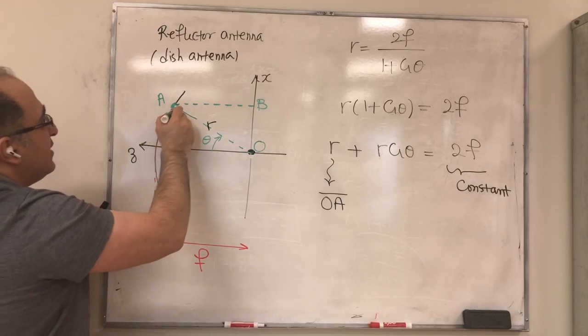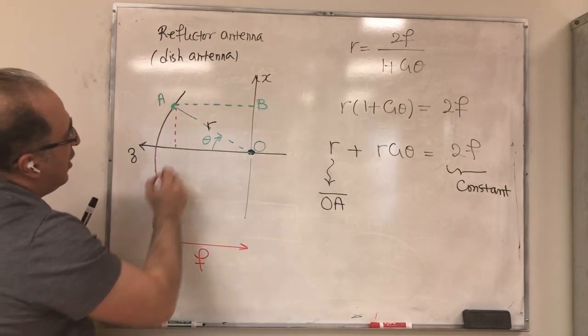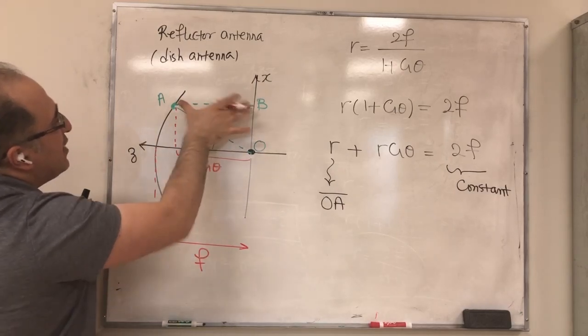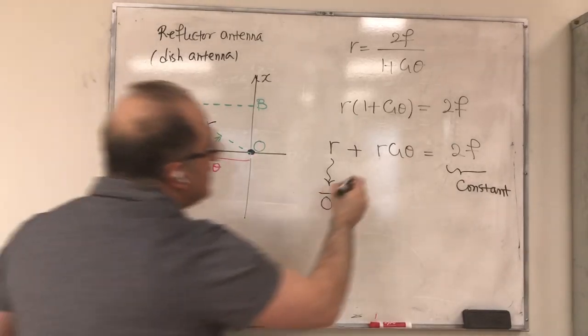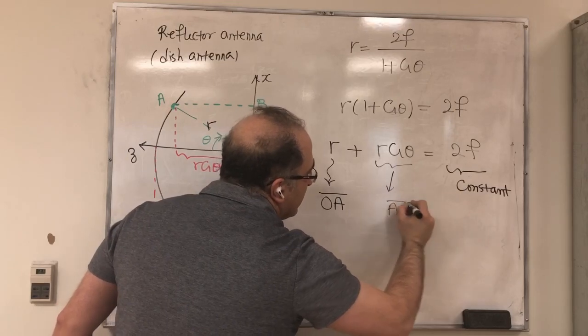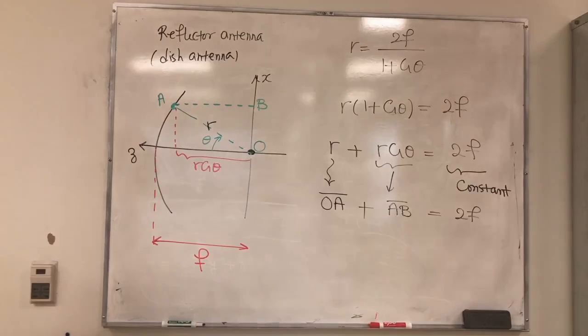So if I project r, this is in fact r cos theta, which is the same as AB. So now I can write that OA plus AB is going to be 2f if I add these two path lengths.